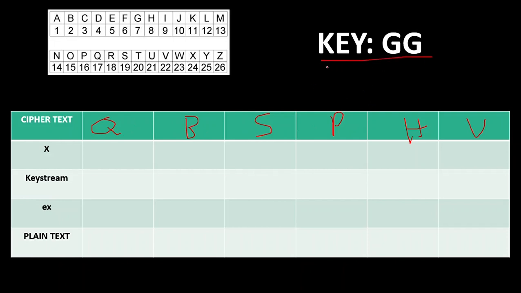This is always given, because if it's not given, then it's impossible to solve this basically. So first of all let's put this 7, 7, and then let's take the numerical values. Q is 17, B is 2, S is 19, P is 16, H is 8, and U is 21.